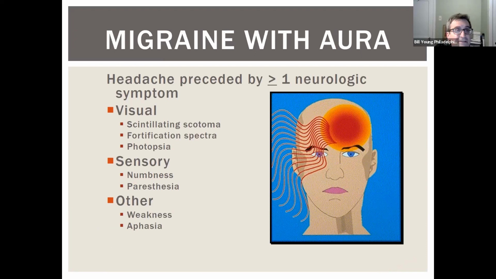An aura is reversible neurological symptoms, most typically visual symptoms. The most common kind is called a scintillating scotoma or fortification spectrum. And sometimes there's numbness or tingling, or other symptoms of aura that are much less common, like weakness or language disturbances.